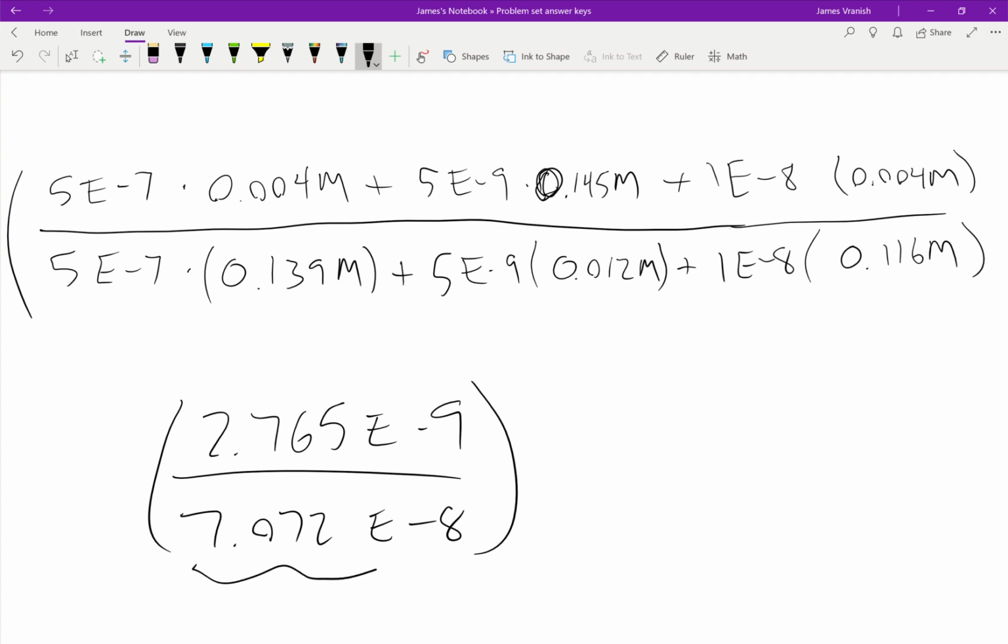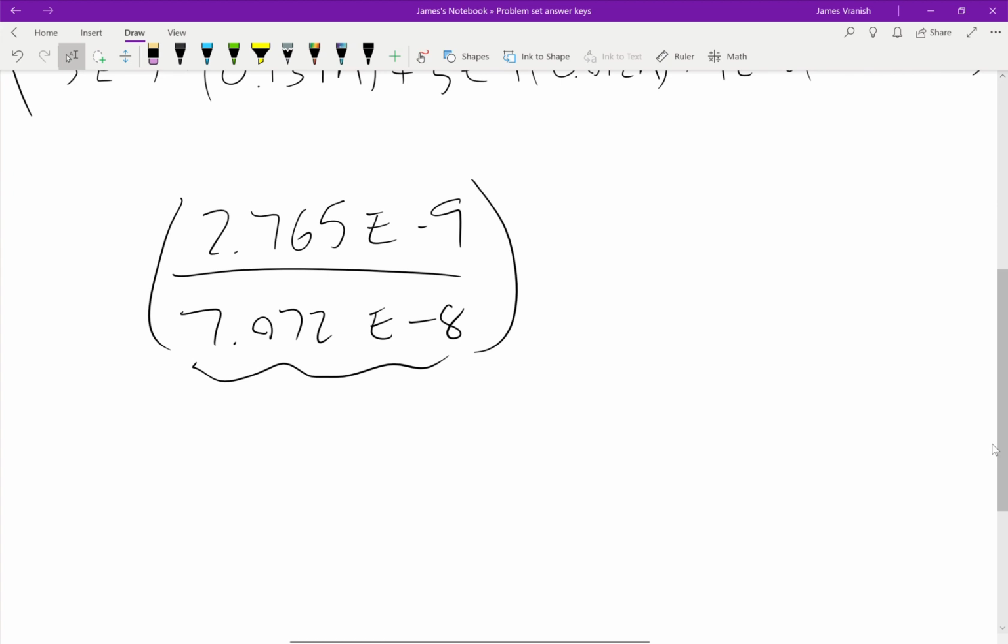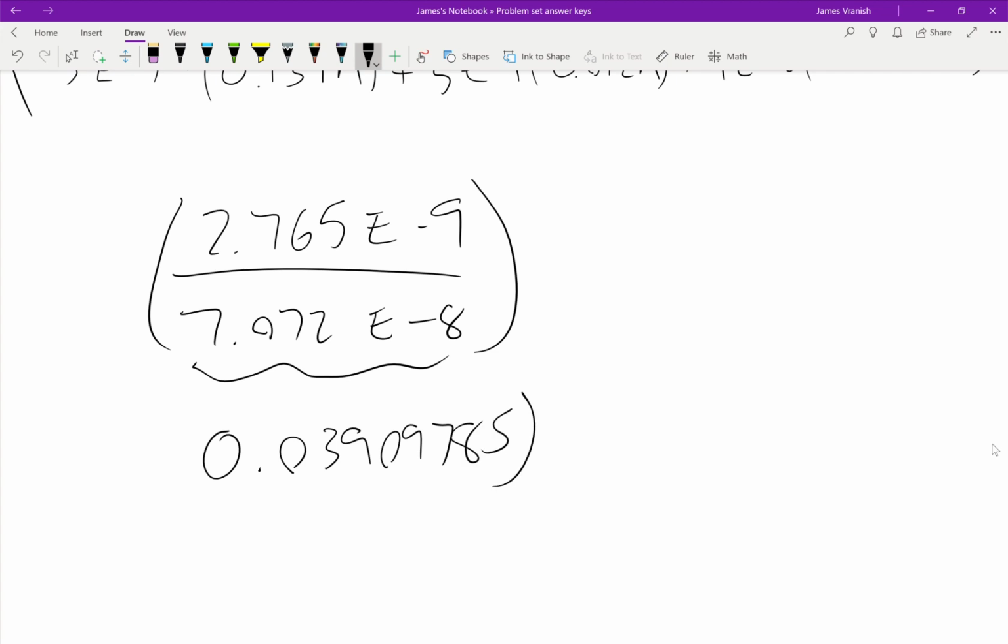All right, so this whole part here then, if we scroll down, it's going to end up being 0.039099785. All right, and we're going to take the natural log of this. Natural log of that is negative 3.242.